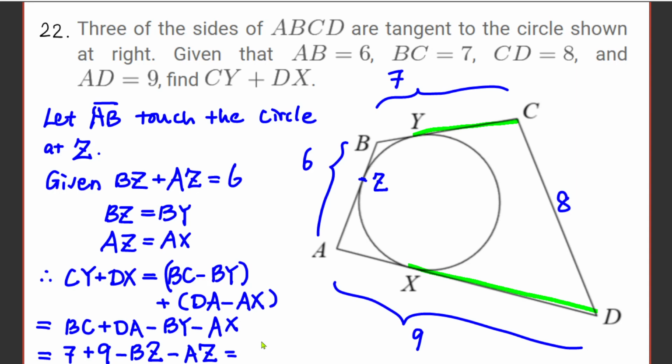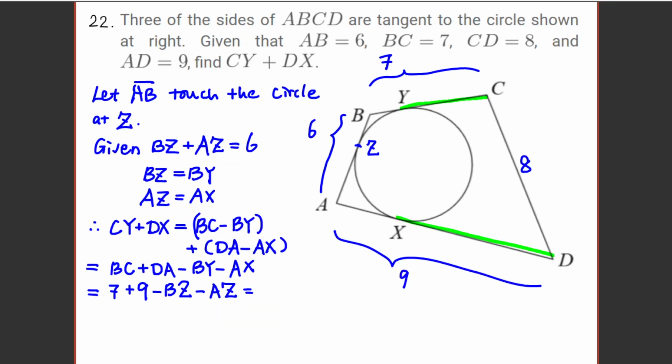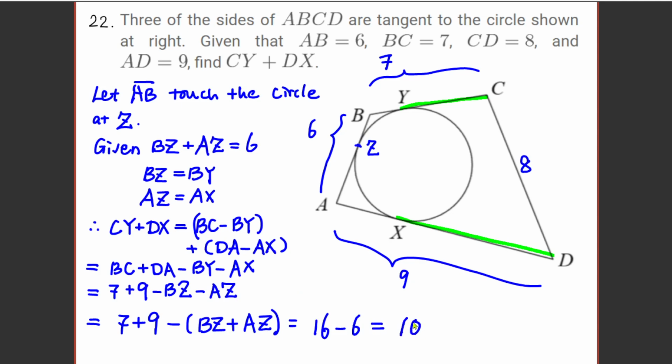Which equals 7 plus 9 minus BZ plus AZ, right? And this gives us 16 minus BZ plus AZ, which equals 6. And this gives us 10 eventually, right? So the length of CY plus DX is 10.